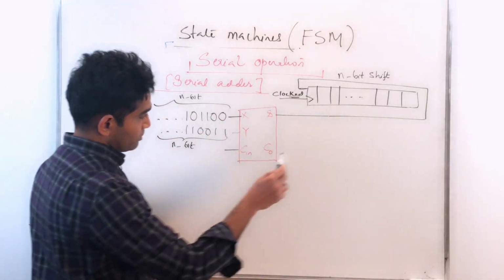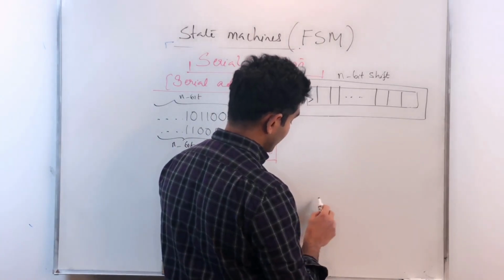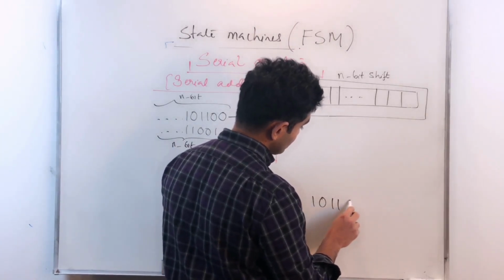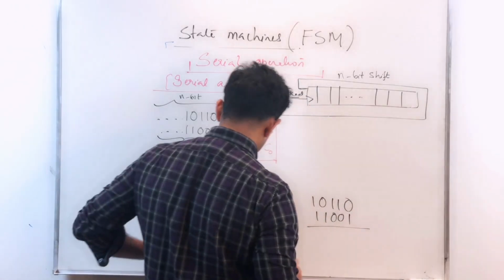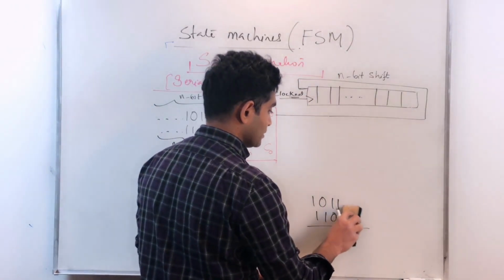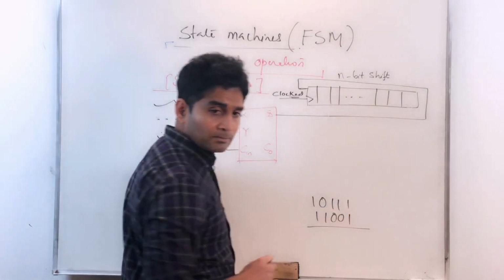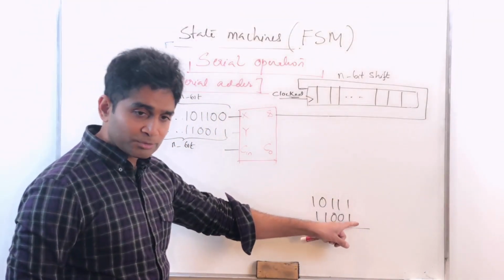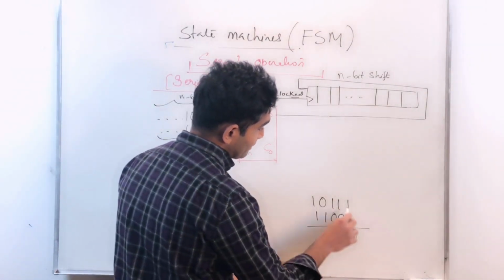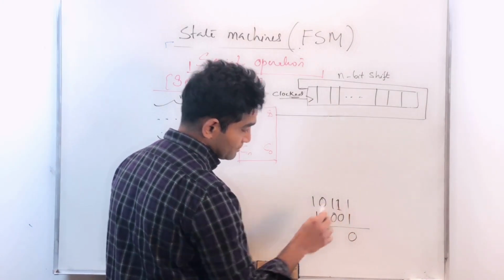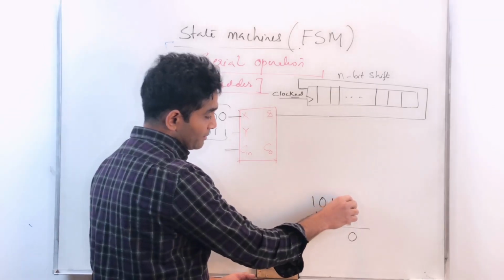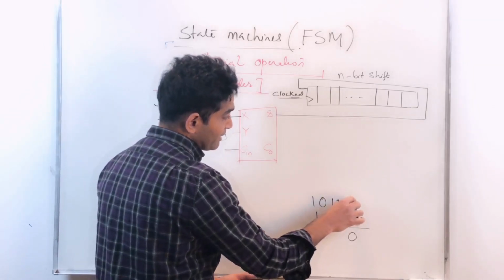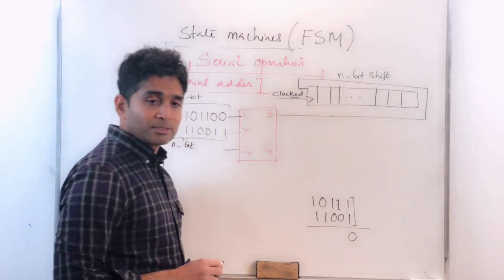If you recall, the way we add them, let's say you're adding these two numbers together. I add these two bits together. When I'm adding these two bits, I have to consider the previous carry, the carry that was obtained when I added the previous bits together.